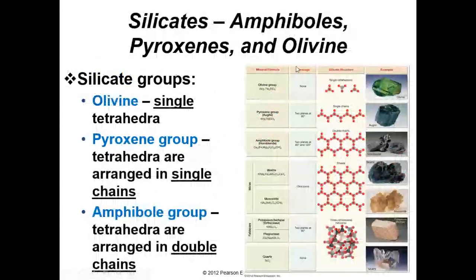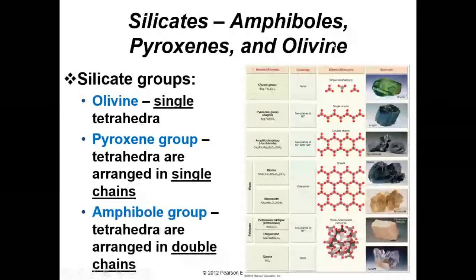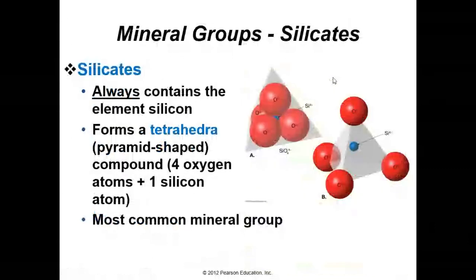When we look at different types of silicates, really what we're doing is breaking them down based on how many chains of these tetrahedra there are. In the first category, we have just a single tetrahedra, just one pyramid, all by itself.